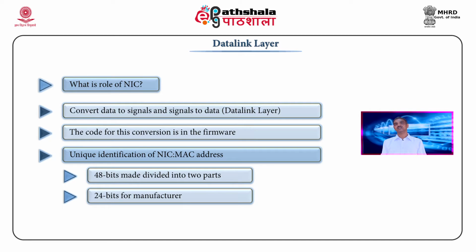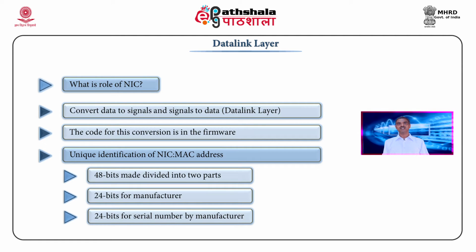Each manufacturer is allocated a 24-bit prefix, and for any network interface card he manufactures, he uses the next 24 bits to make it unique. That way we achieve uniqueness across all network interface cards. Fine. So, we have the data link layer.